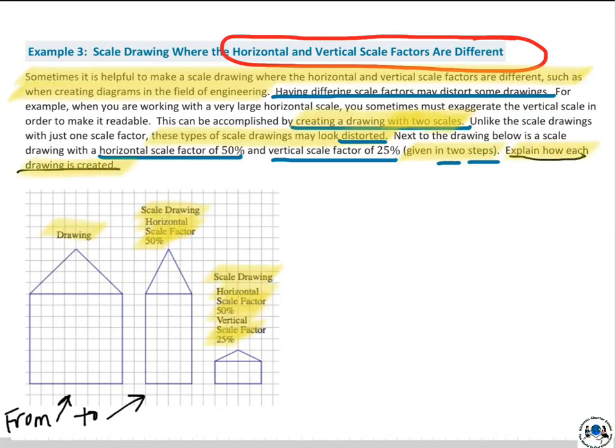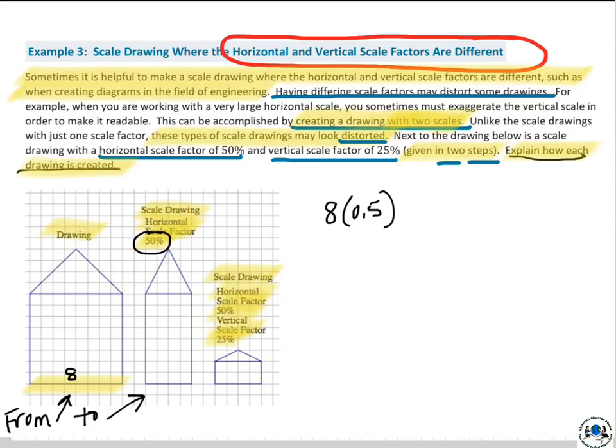So from the original drawing to the first scale drawing, what happened? Well, the original drawing had a horizontal width of 8 units.